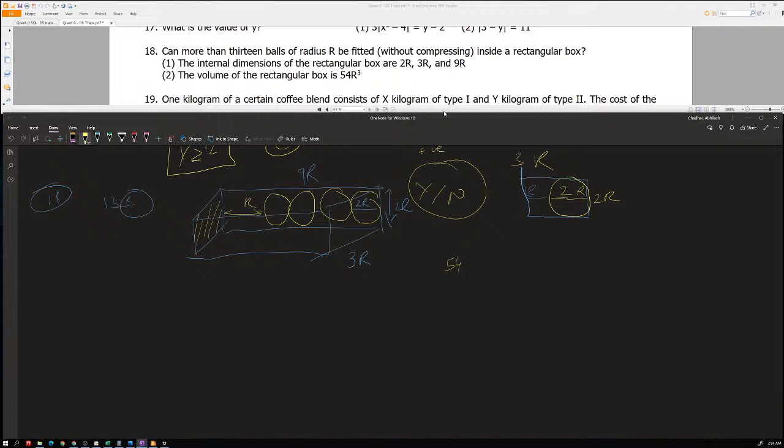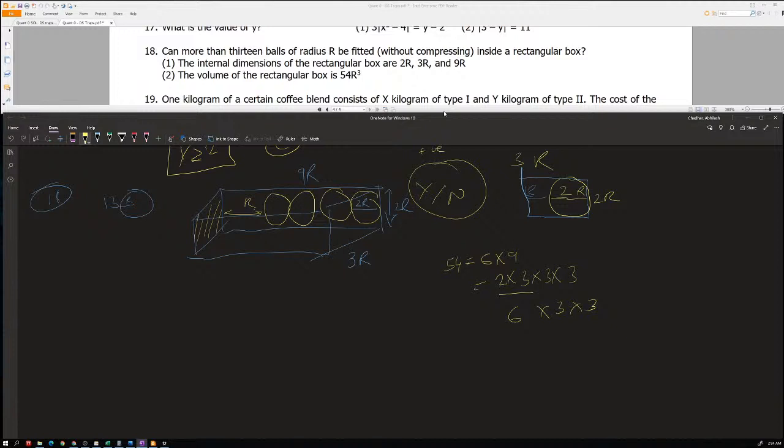So let's see what the factors of 54 are. One we know is 6 into 9 is 54. So we get 2 into 3 into 3 into 3. So either we can have a 6 cross 3 cross 3 box, or what else can be made out of this?